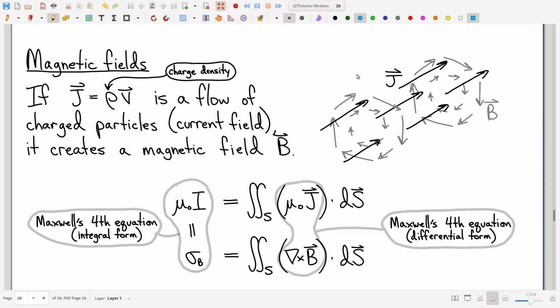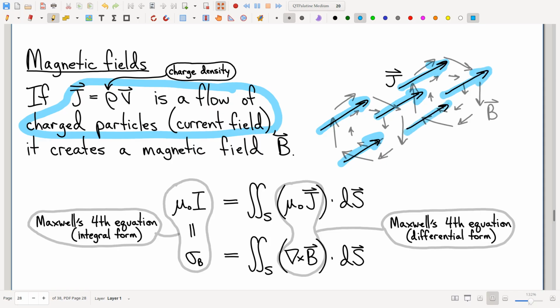All right, so I'm going to talk about what's called a flow of charged particles represented by a vector field that we call a current field. Now, I imagine you all have probably heard of current before. Current in a wire addresses the matter of, as charged particles move down the wire, how many charged particles per unit time are moving past some reference point on the wire?